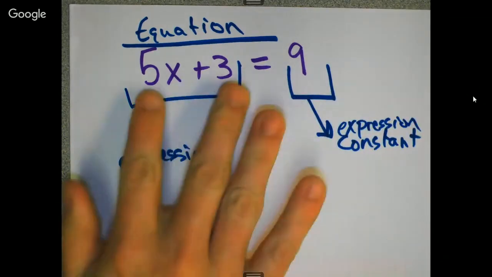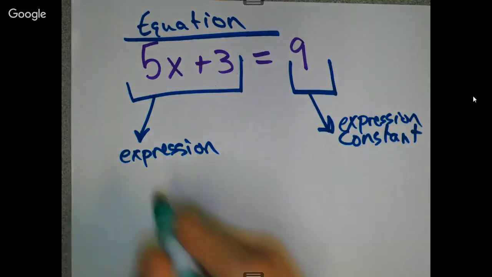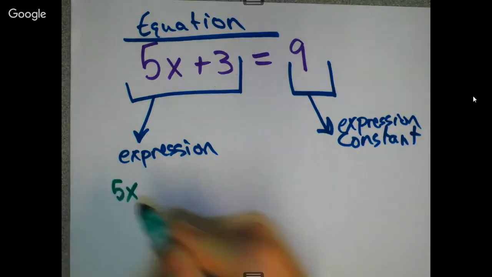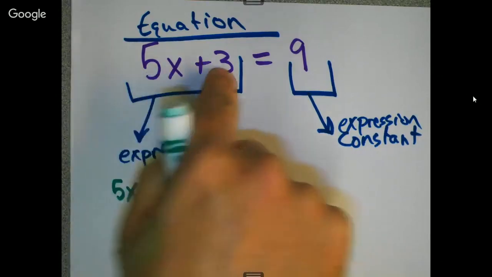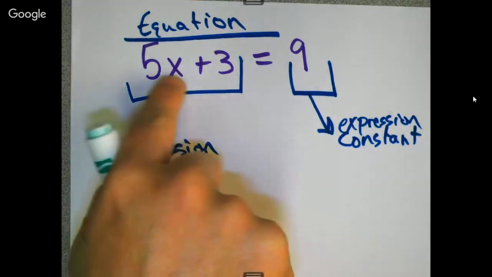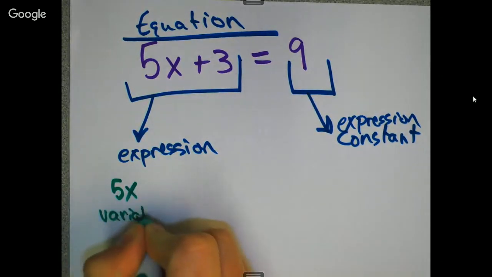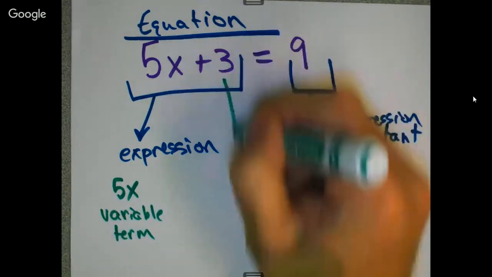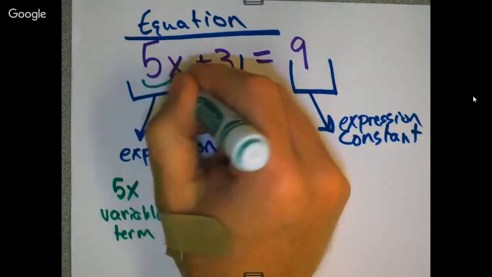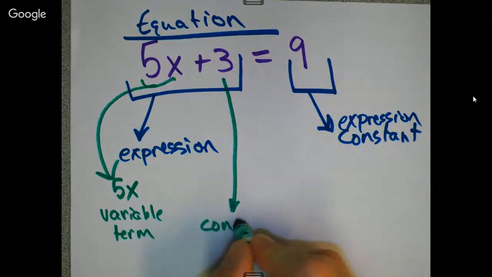Okay, if we look at this expression, we can break it down into even more parts. If we look at the 5x, each one of these is called a term, but because this one has the variable, we call it the variable term. Okay, and since this one doesn't have a variable, we call it the constant term.